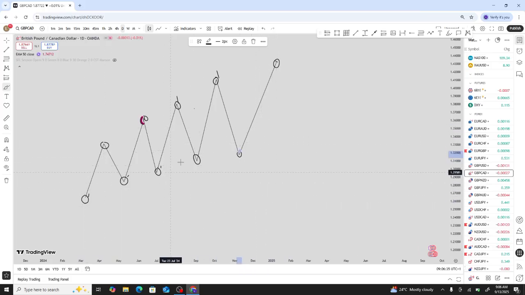So in terms of labeling, we can say this is a higher high, HH, and higher low, HL. Higher high, higher low.